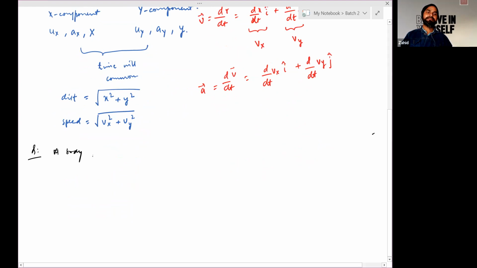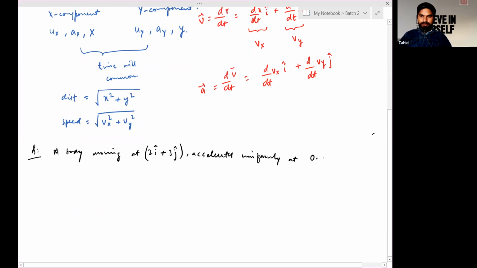Okay, I'm giving you one problem related to this. A body moving at 2i plus 3j accelerates uniformly at 0.3i plus 0.2j meter per second squared.